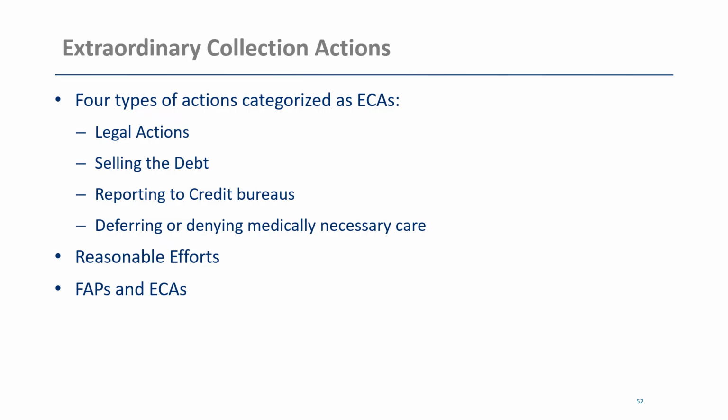Extraordinary collections actions, ECAs, may not be pursued until after the hospital has taken reasonable efforts to determine the patient's eligibility for financial assistance. This section applies to hospitals as well as other entities such as collection agencies that are working on behalf of the hospital.